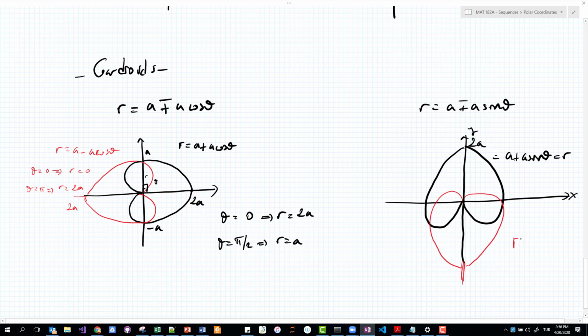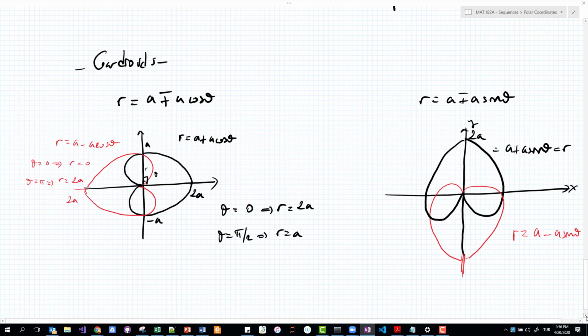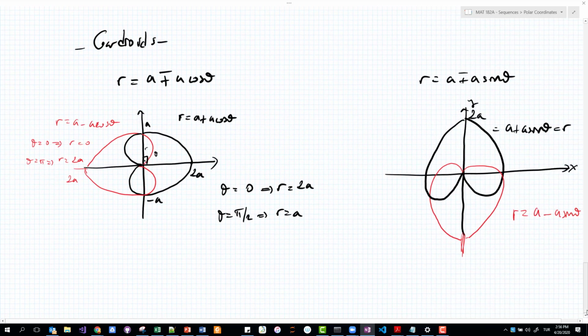So r is equal to a minus a sine theta, this is the minus, and the other one, the black one, is going to be the plus a sine theta. That's how we draw the cardioids and circles. And we will learn how to figure out the area between these curves, guys.